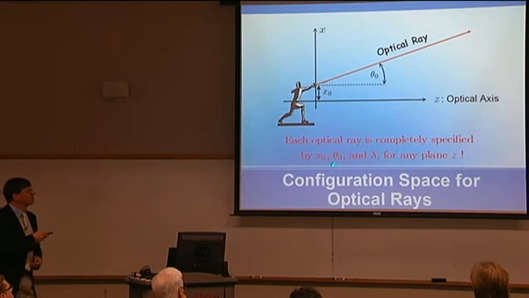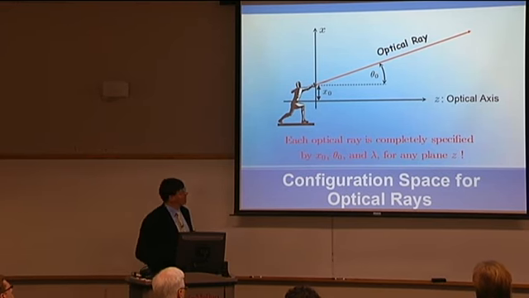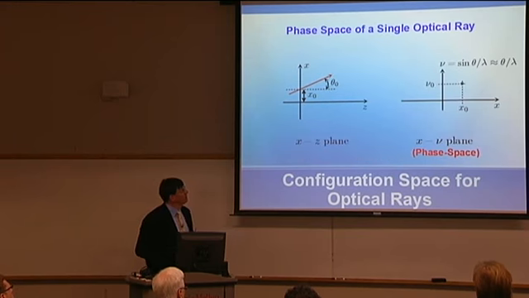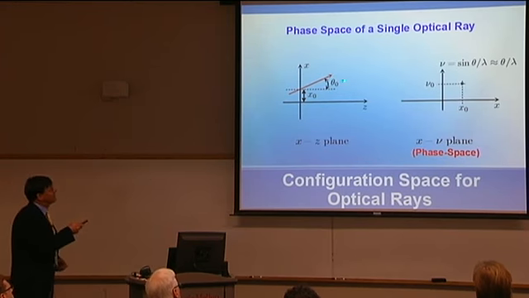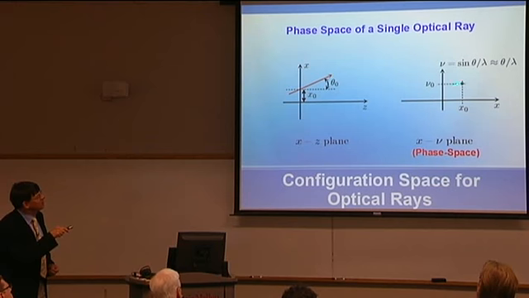And for this ray, we know that in every plane along this optical axis, the ray is completely described by its lateral position, its direction, and we can throw in the color as well, so there is a wavelength. If we take these parameters as a set of generalized coordinates, we can associate each ray with a point in this artificial space made up by the position and the direction.